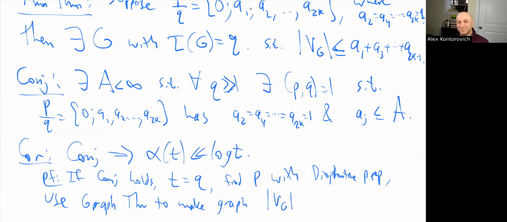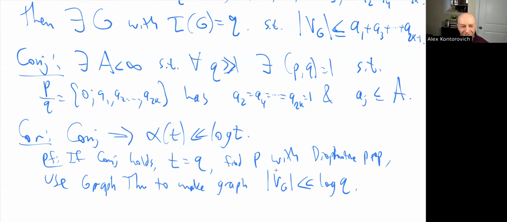It's easy to see that if the partial quotients are all bounded by A, then this sum is bounded by log of the denominator. In which case alpha of t is always at most log t.